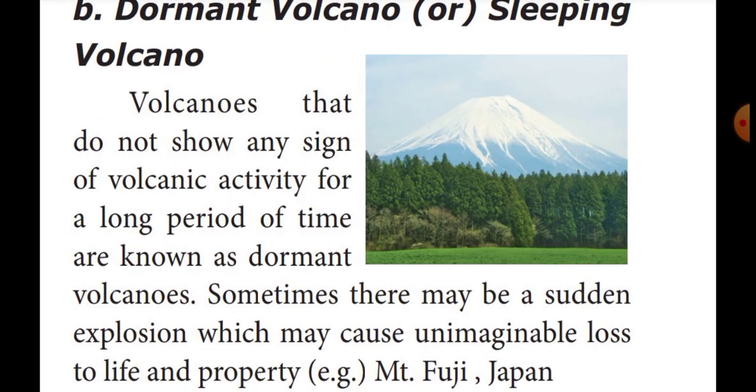Volcanoes that do not show any sign of volcanic activity for a long period of time are known as dormant volcanoes or sleeping volcanoes. Sometimes a sudden explosion will cause unimaginable loss of life and property.